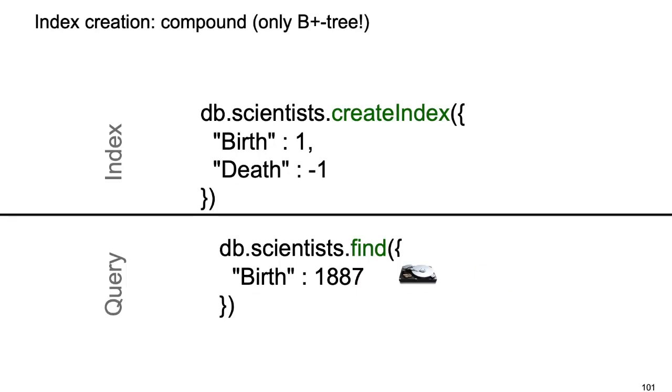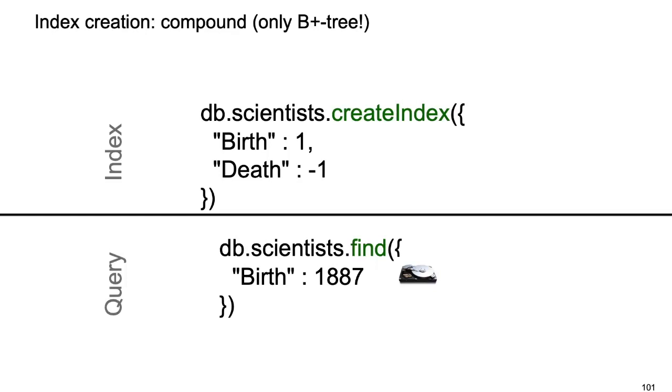But now, this is a new insight. If I have an index on birth and then death, a query like this can also use the index. Even though the key is not exactly the same, I don't have the death in there, only the birth, but it works because, in fact, if I consider birth-death, birth 1887 is a range. It's all of the birth-death pairs that are born in 1887, no matter where the death date is.